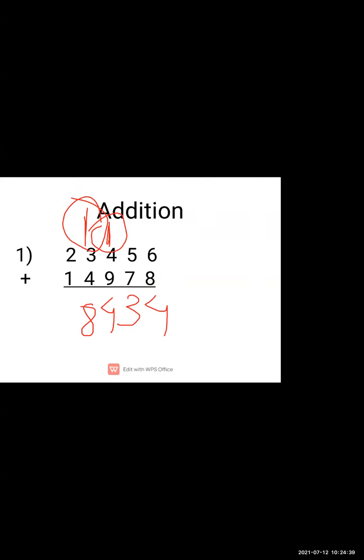That's why I have written that. Now 2 plus 1 is 3. So in this way you have to solve your practice set 7. This is your addition, how you have to add.